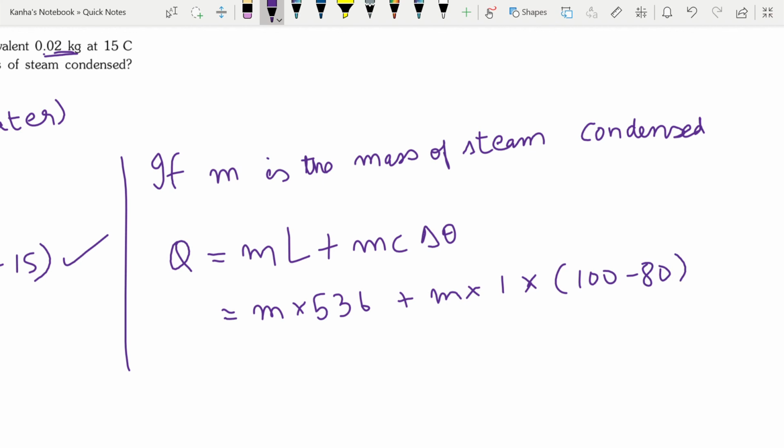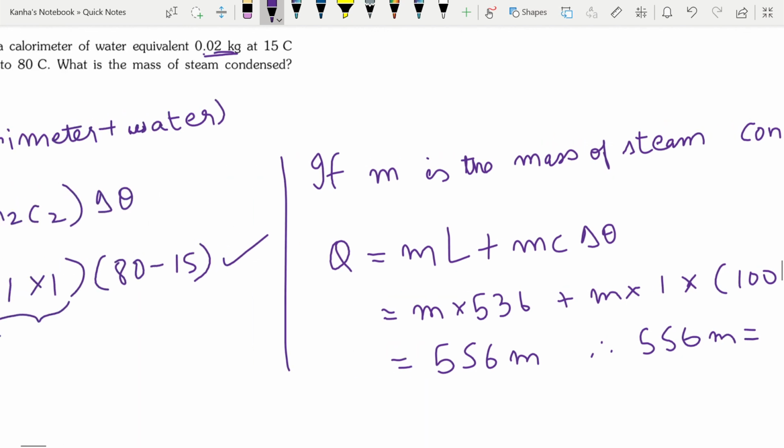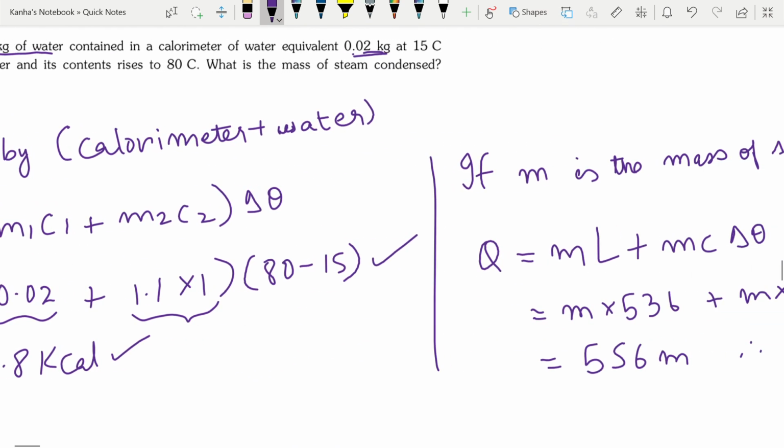Substitute the value, I'll get 556 m. Therefore 556 m is equal to, how much was the heat that I got from here? 72.8.